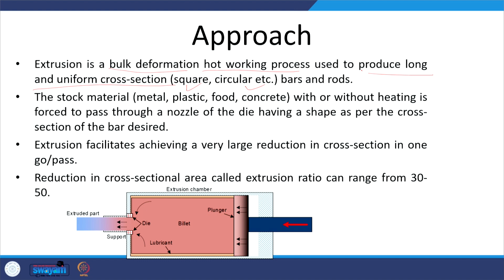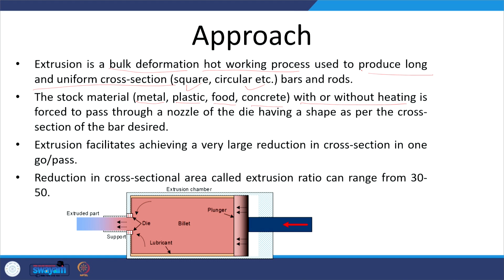The stock materials which are extruded include metals; aluminum is one of the most commonly used extruded materials. Also polymers in the form of plastics, food items and concrete. These are the various kinds of materials which can be processed through extrusion with or without external heating, so accordingly we have hot or cold extrusion.